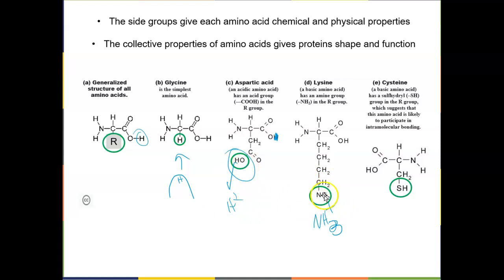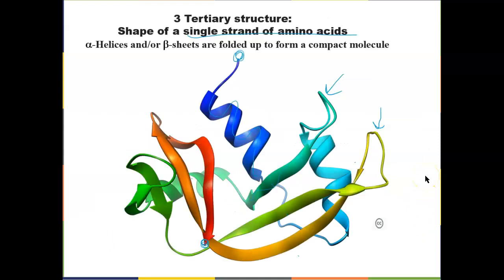So let's just look at this one in particular. And assume we have a protein here like this that's got all of these NH groups on it. So NH2 is going to be hydrophobic. It's not going to bond with water.